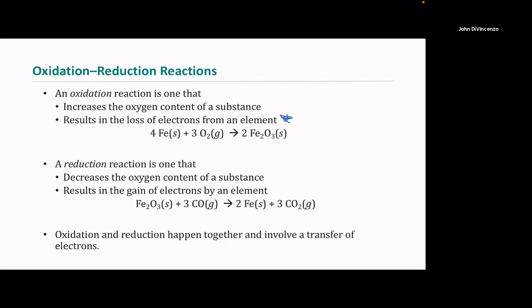Okay, you corrected yourself. First you said it's going to be negative, and now you're saying it's plus. It's going to be plus because it's losing electrons, right? Yeah. You're getting there.